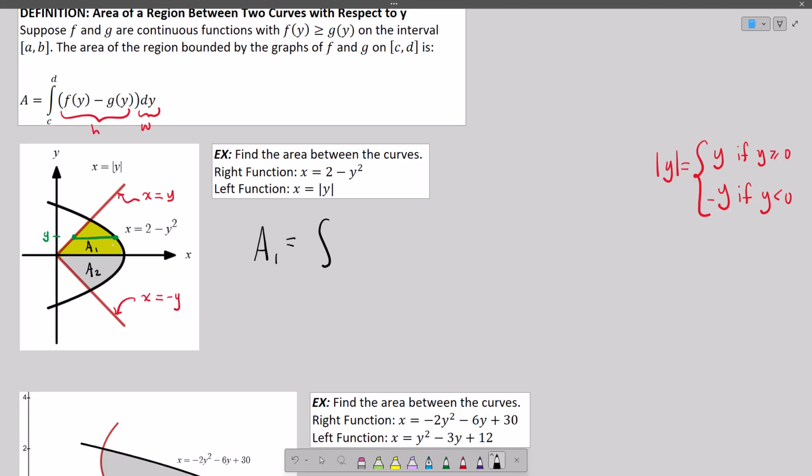Height of rectangle sideways, so height is right minus left. So that's going to be 2 minus y squared. Right? That is the function on the right, the black curve, minus the red curve. The function value for the red curve is y. So that is right minus left. That is the height. That is the width.